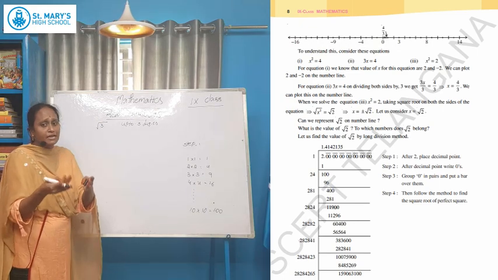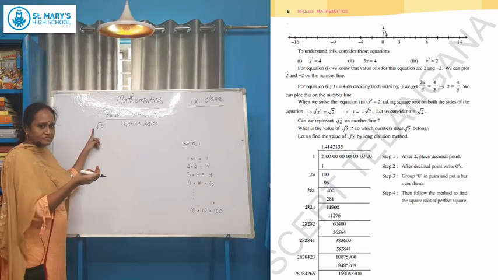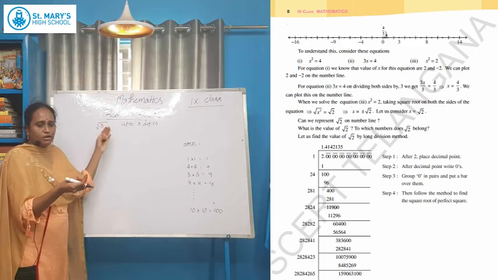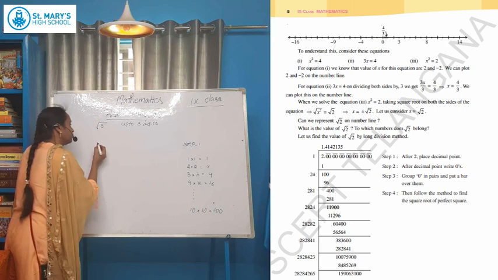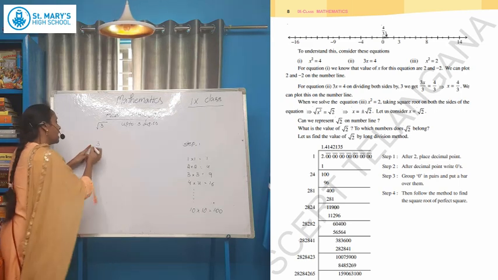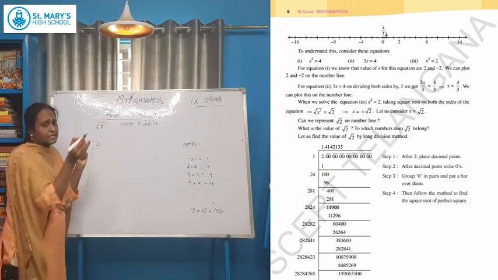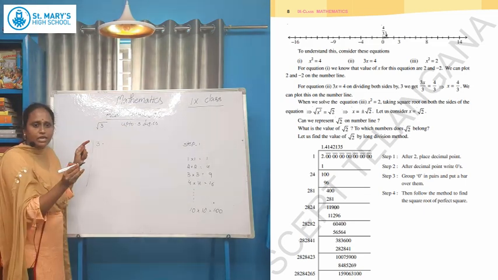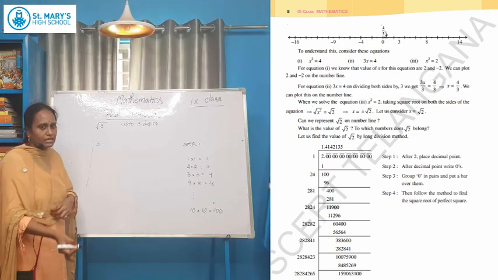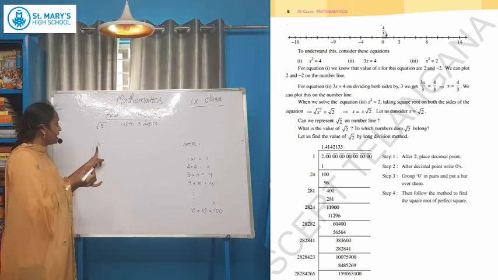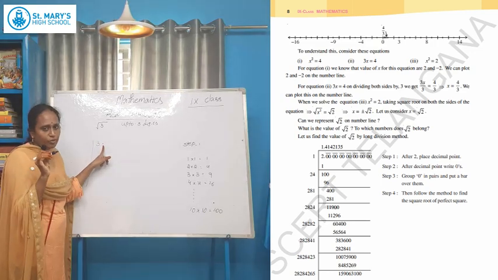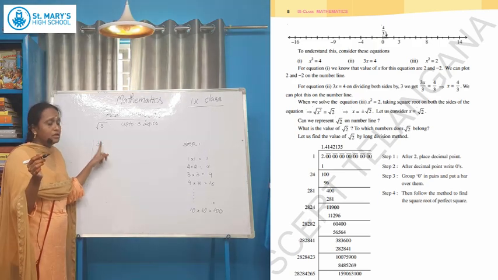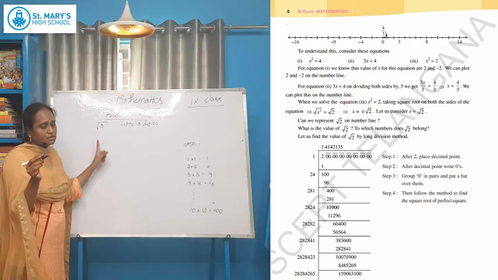First we have to remove the under root. We remove the under root, and they said up to 3 digits. Three digits means we get them after the decimal point. So after the 3, we need to keep the decimal point because they asked for 3 digits after it. So first remove the root, and after the 3 keep the decimal point.